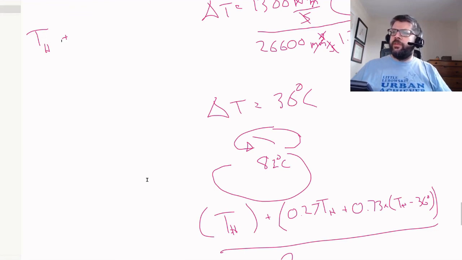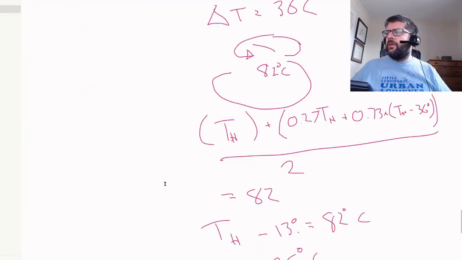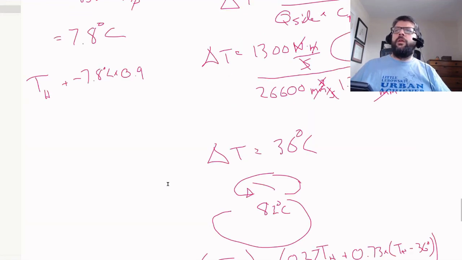So I believe the side flow ratio is 0.9, so plus a negative 7.8 degrees Celsius times 0.9 is equal to 82 degrees Celsius.